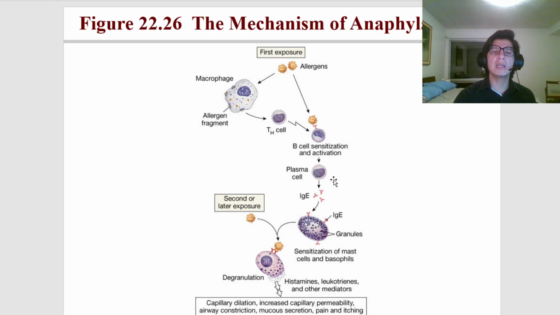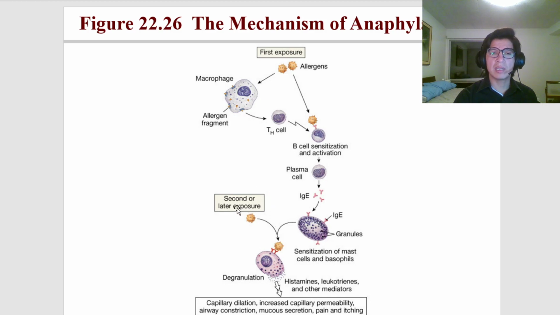Now, these antibodies created by plasma cells, the IgE antibodies, are going to localize themselves to either mast cells or basophils that contain all of these inflammatory vesicles containing histamine.